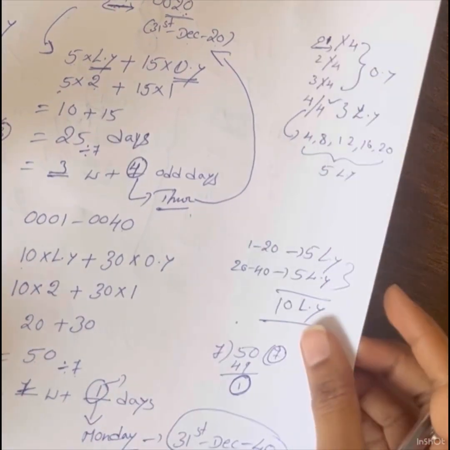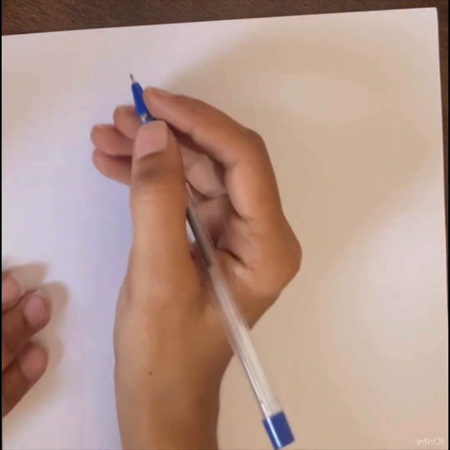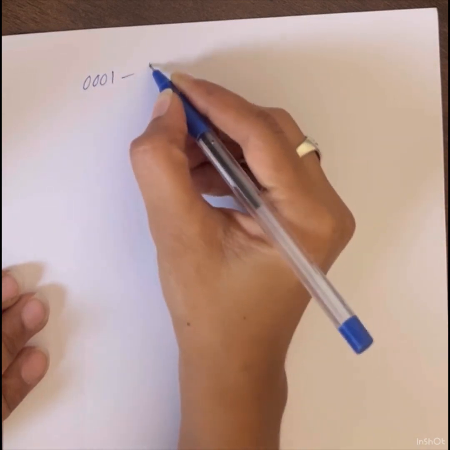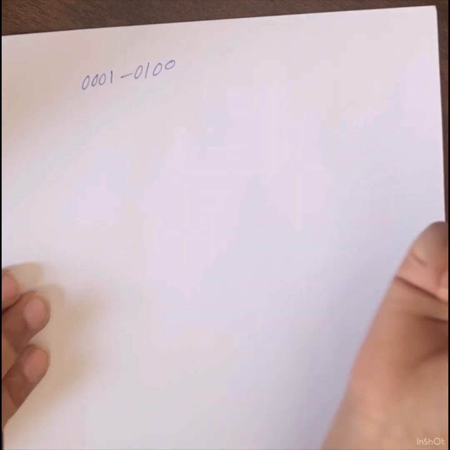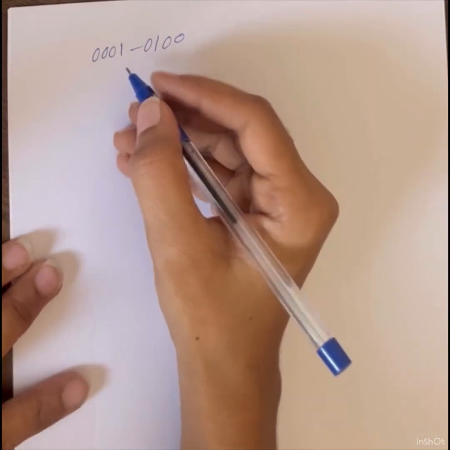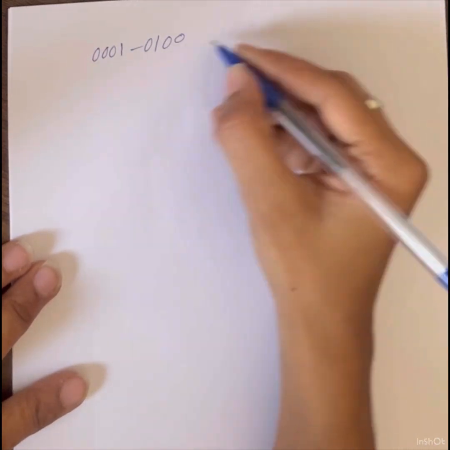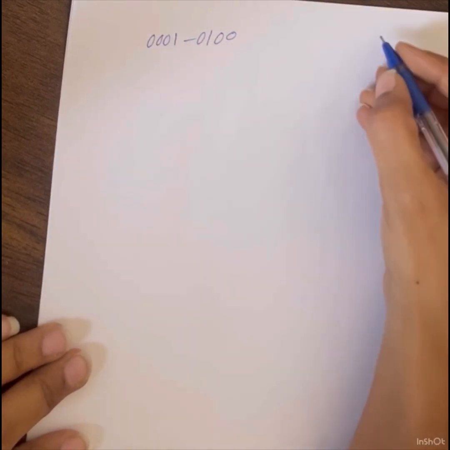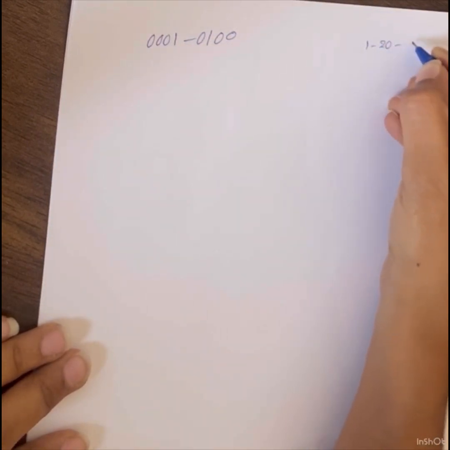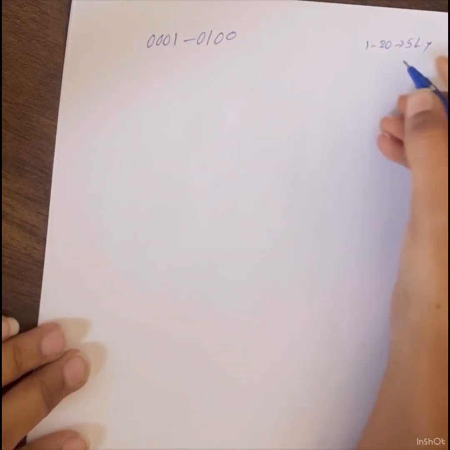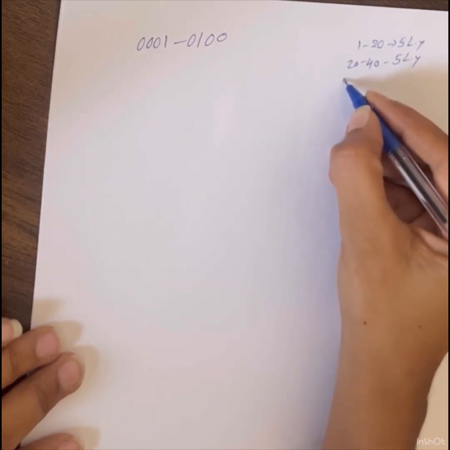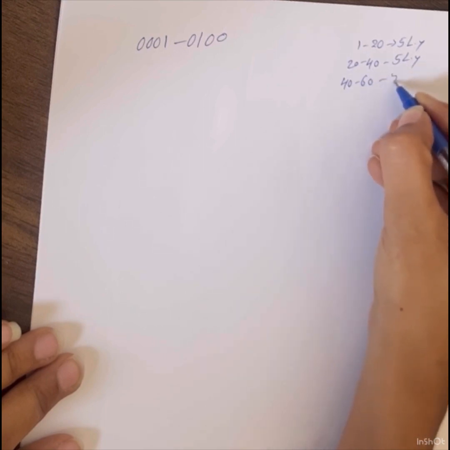Okay. Now calculate the odd days between first year to 100th year. Here also you must calculate how many leap years are there in between 1 to 100. So 1 to 20 has 5 leap years, 20 to 40 has 5, and 40 to 60 is another 5 leap years.